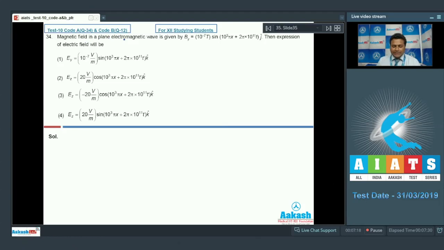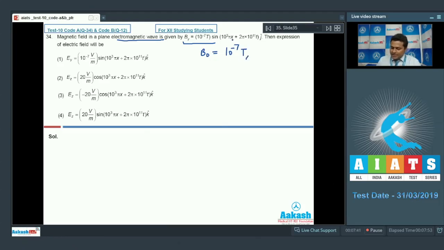Magnetic field in a plane electromagnetic wave is given by By equals 10 to the power minus 7 Tesla sine (10 to the power 3 pi x plus 2 pi into 10 to the power 11 t) j cap. Now looking at the equation, we can say that B naught is 10 to the power minus 7 Tesla.